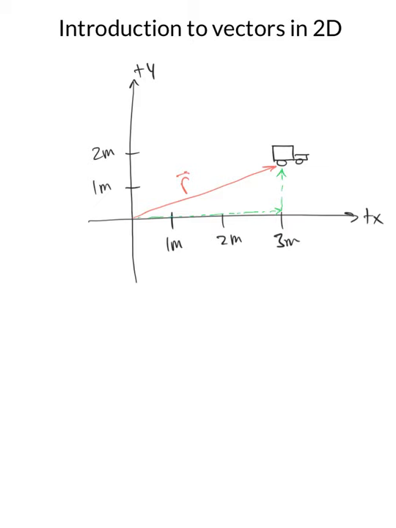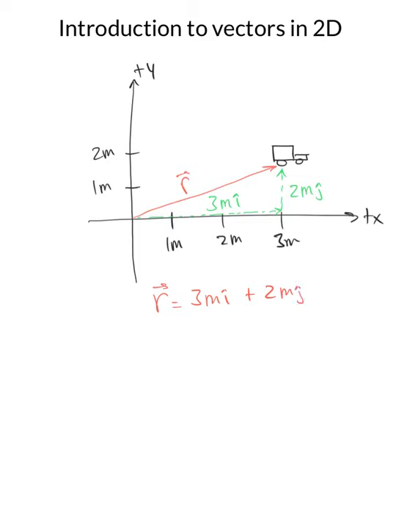This lower green arrow looks like the vector 3 meters i hat, and the vertical arrow here looks like the vector 2 meters j hat, which makes me think that I could write my r vector as 3 meters i hat plus 2 meters j hat.